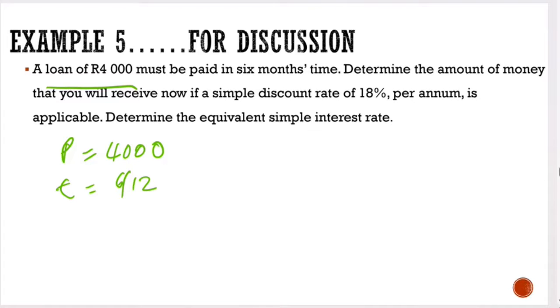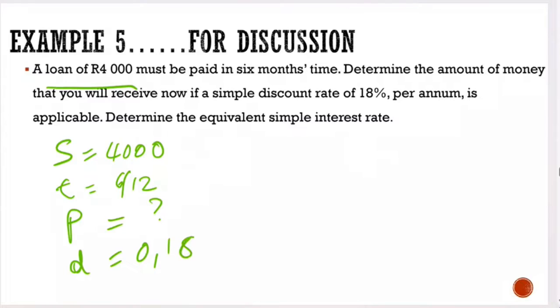Determine the amount of money that you will receive now if the simple discount rate of 18% is applicable. So here you have to find, remember, this 4,000 becomes your S, not your P. You need to find your P first, and then your D is equal to 0.18.